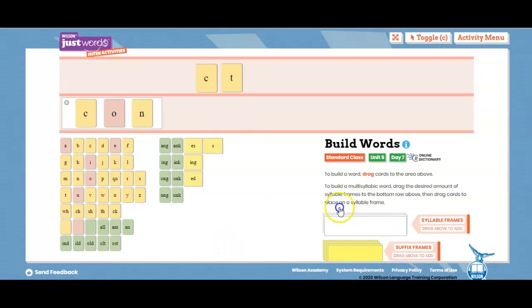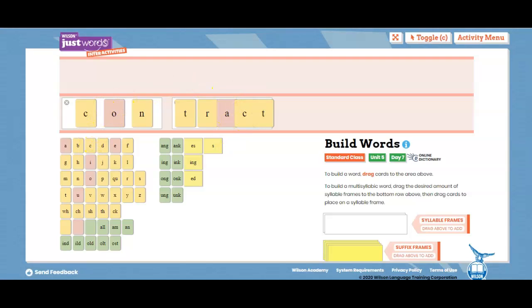Con. What's the second syllable in contract? Tract. So we would spell that. And then we have the kt at the end, so we'll add CT. And the final thing we do is we read it out syllable by syllable.